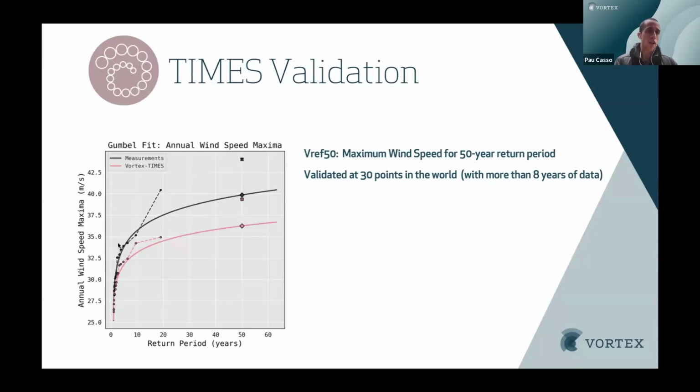Okay, you can see here, this is an example of one site. This is a Vref estimation on a 50-year return period. You can see here this 40 meters per second from the measurements, and this red line is what we get from the product. Well, it's not perfect, it's underestimating, but still it's a pretty good fit.